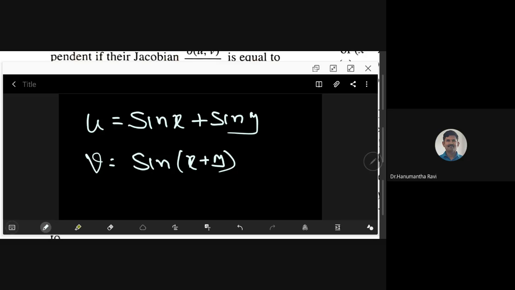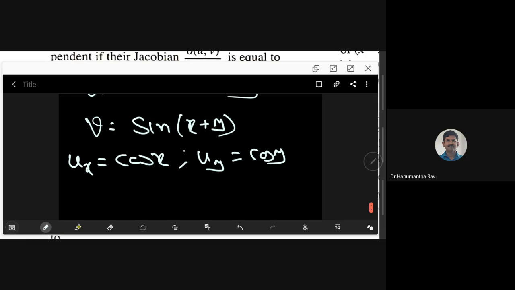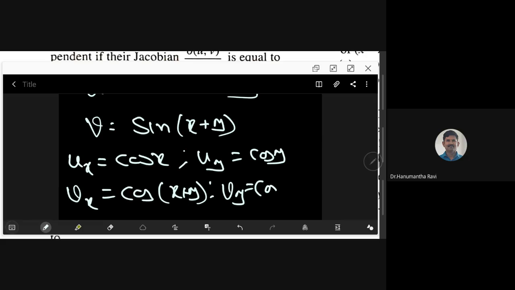So in this case, I'll directly write what is ux. Ux is cos x. What is uy? Cos y. What is vx? Vx is cos of x plus y. What is vy? Again cos of x plus y.